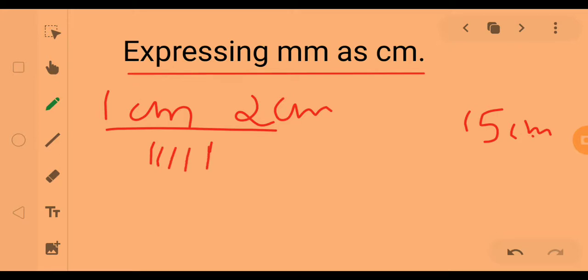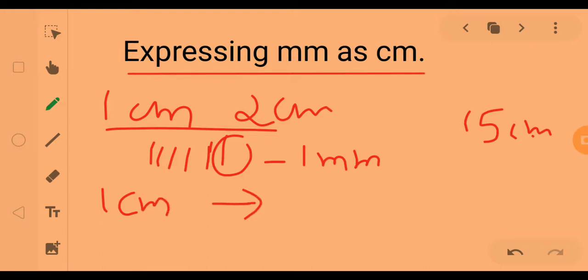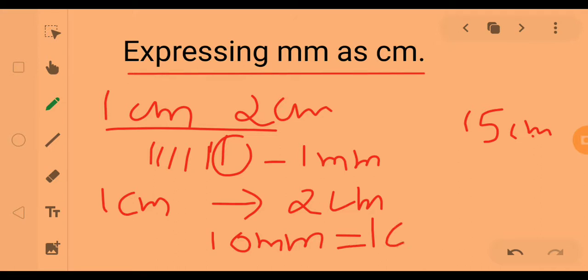Each of these small tiny lines is called 1 millimeter. So there are 10 millimeter, which means 10 millimeter makes 1 centimeter.